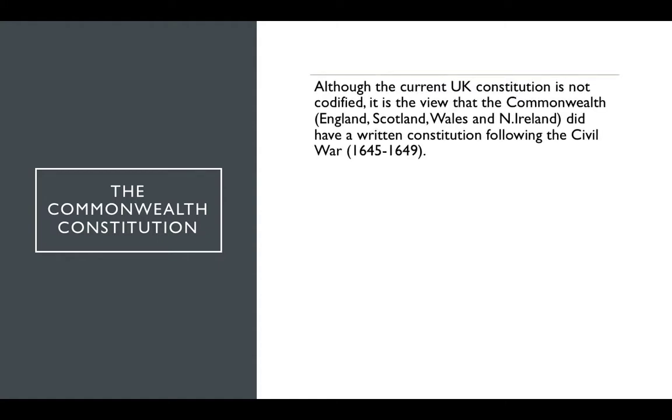There have been examples of constitutions that have been codified in the UK in the past. Well, not necessarily in England. So although the current UK Constitution is not codified, it is the view that the Commonwealth did have a written constitution following the Civil War between 1645 and 1649.